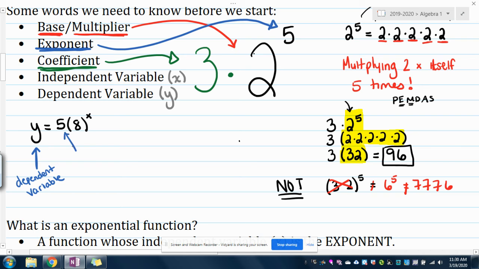I know 5 is my coefficient, which we're going to talk about also later on, because there's another name for that. 8 is my base, but it is also my multiplier. And x is my exponent, and it is my dependent variable. No, independent variable, I'm sorry.